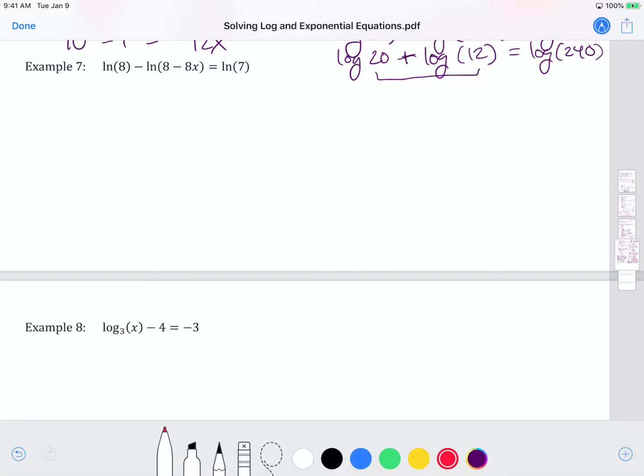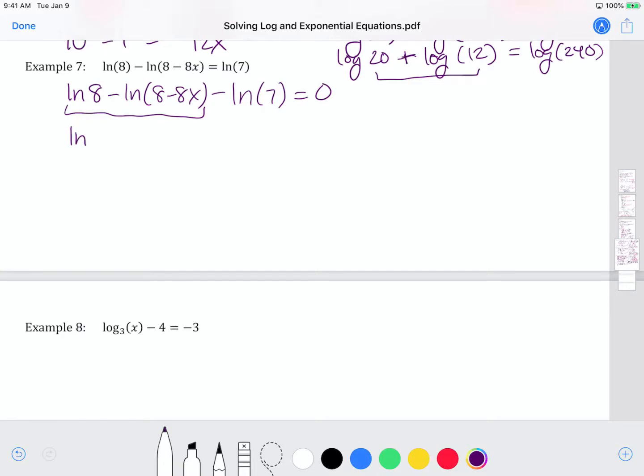Okay, example 7. I have multiple logs, so I want to get them together on one side and combine them together. So I have natural log of 8 minus natural log of 8 minus 8x, and I'm going to subtract natural log of 7 from both sides. Let's first combine these.